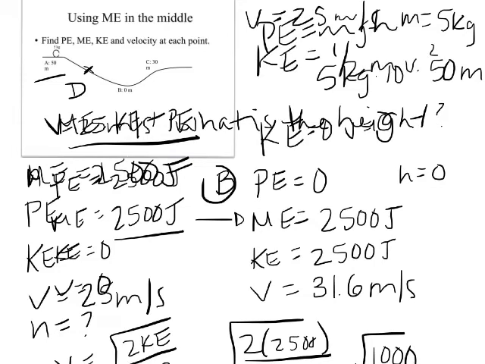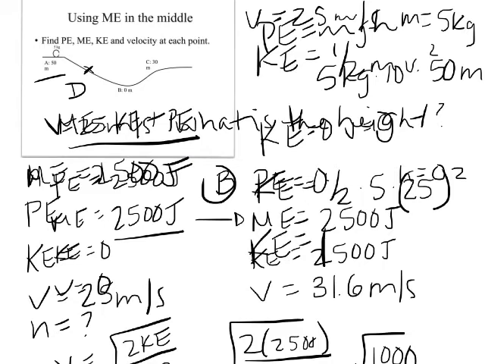So if we plug that in, KE equals 1/2 times 5 times 25 squared, which ends up being 2.5 times 25 squared, or once you do the math, you end up getting 1,562.5 joules.